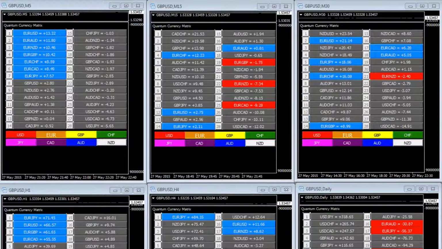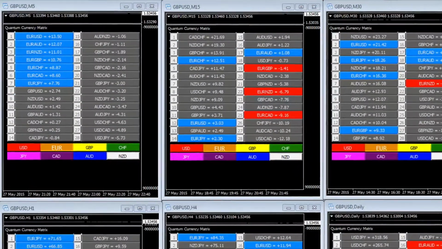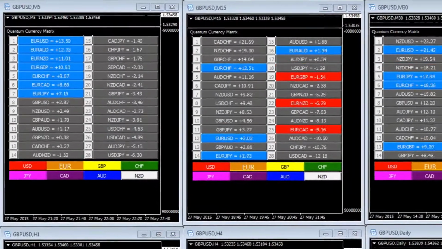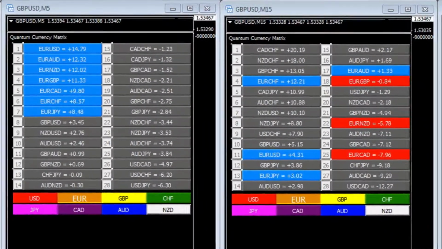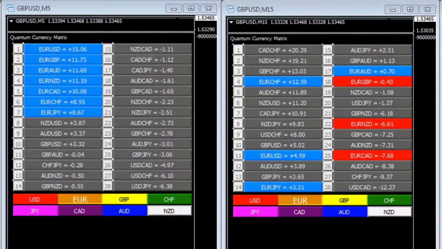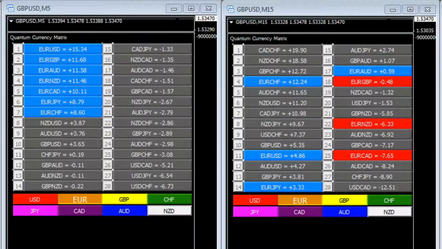If we concentrate on the 5, the 15 and the 30 to start with, it's fairly obvious at a first glance on the 5 minute that we have a considerable degree of euro bullish sentiment. In fact, we have all 7 pairs there stacked very neatly at the top, and top of the heap is the euro dollar at 15.3, 15.1, just ticking through there.